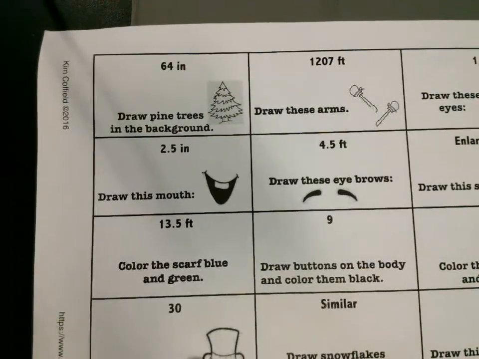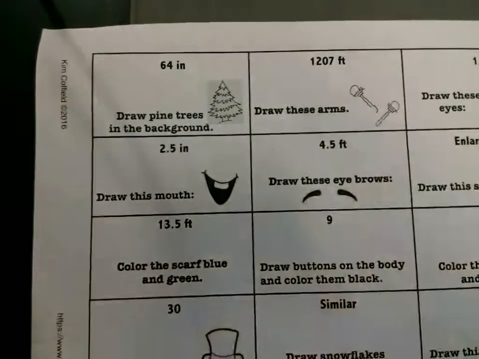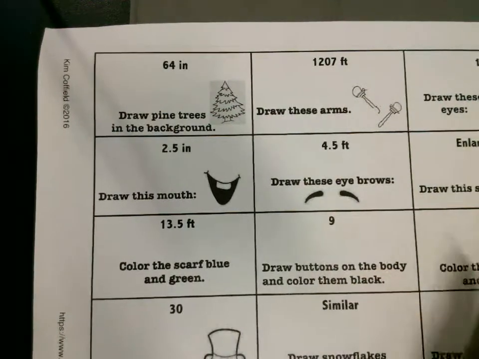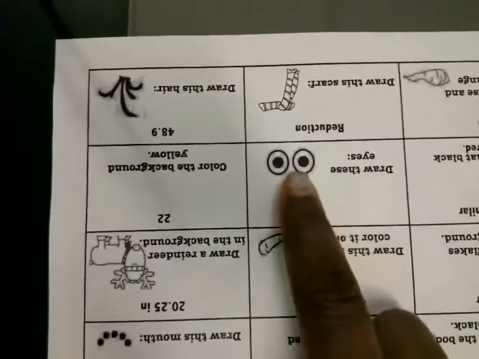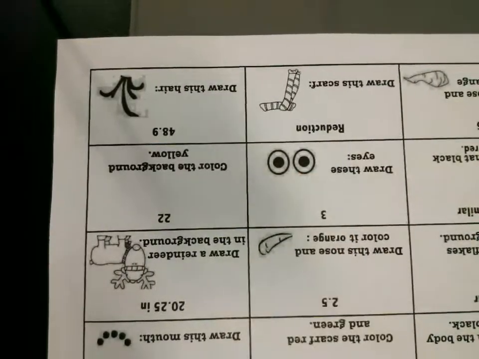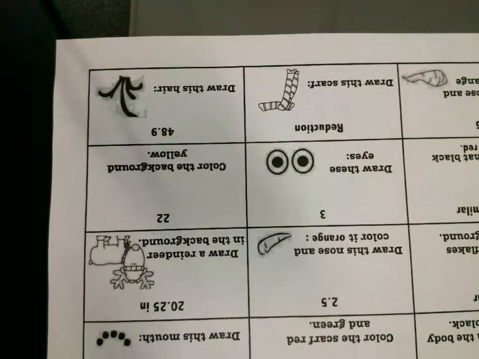Whatever your answer is, that's what you're going to draw. You can draw it anywhere. Like if your answer is enlargement, that means you're going to draw this scarf on this snowman. If your answer is these kind of eyes, that means you're going to draw these kind of eyes on your snowman. Any questions?